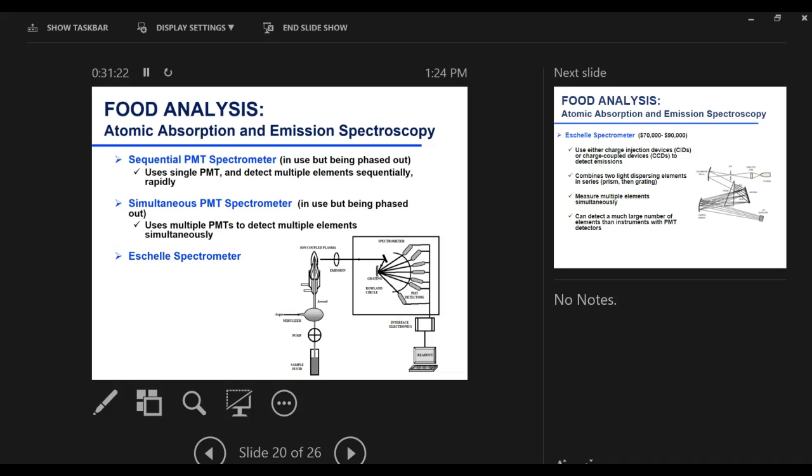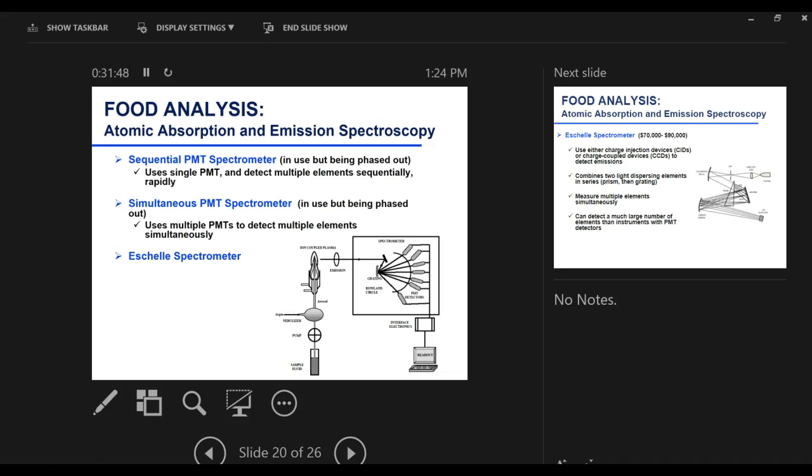Instead of changing the lamp each time, you just change the program to select 4 different wavelengths and then sequentially get the measurement. Or like this, you have multiple photomultiplier tube detectors. This is more expensive, so this unit has multiple detectors, and then you can measure multiple elements simultaneously.